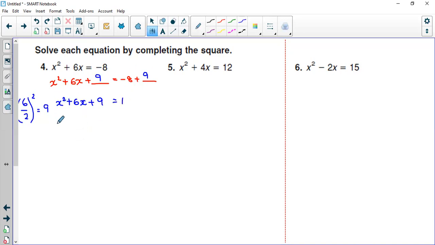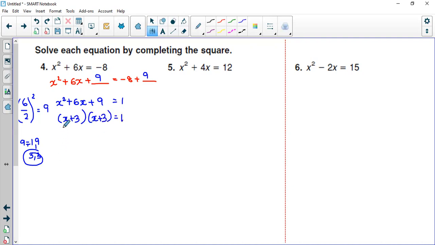Right. Now the next step is you have to find the factors of 9, which would give you a 3 when added or subtracted. So the factors of 9 are 1 and 9, right? And then 3 and 3. Now from the lesson name, completing a square, a perfect square trinomial, we know that the factors are going to be 3 and 3, which means you're going to say x plus 3 equals 1.